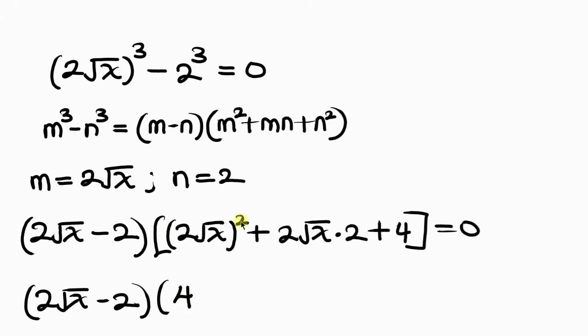The square cancels out the square root, so we are left with x. So this expression gives 4x. Plus, this is 2 root x times 2. That will be 4 root x. Very good. And then this is plus 4, close brackets, equal to 0. Very good.